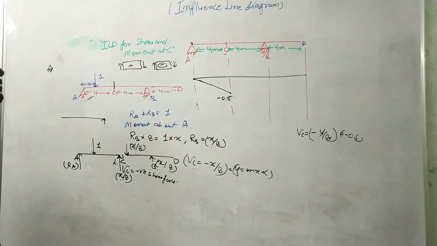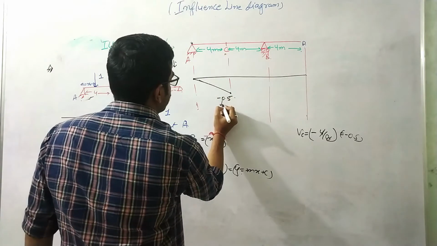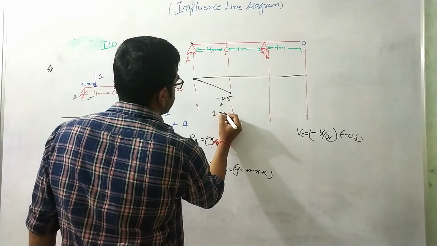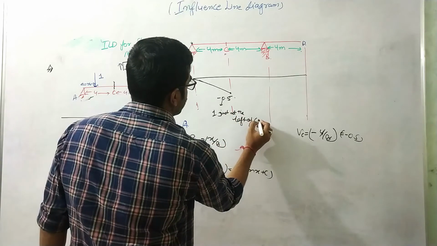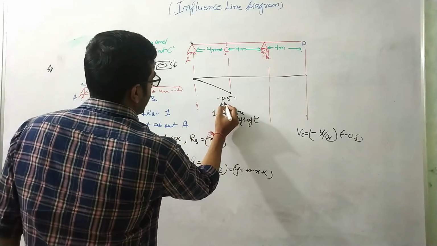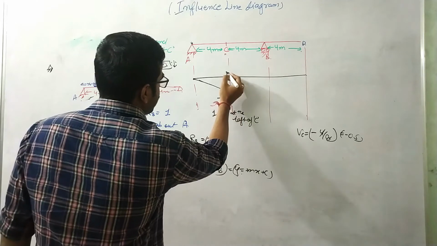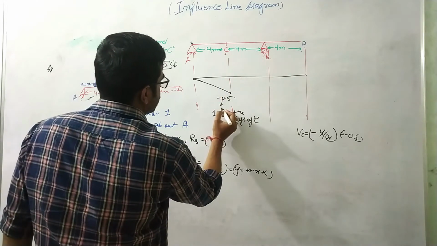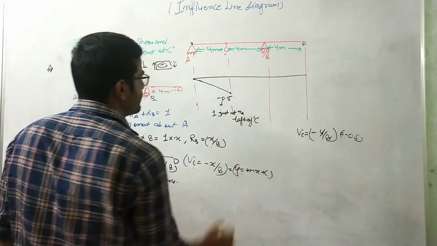Okay, at this location, when x is just at the left of C, when the unit load is just at the left of C, then the shear force generated is minus 0.5.